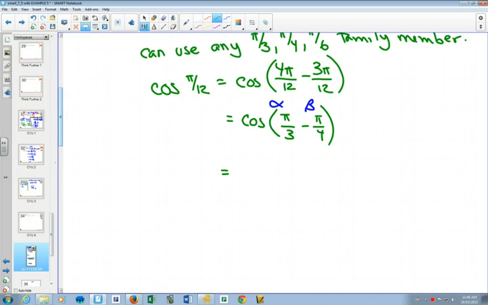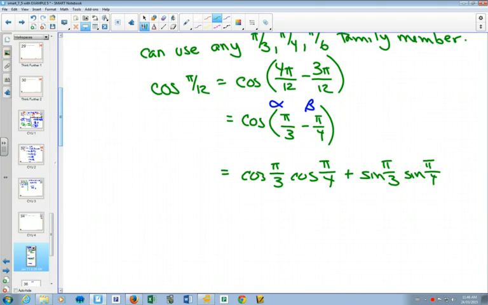And now I can write this out. And now we know alpha. So when we know alpha, we plug in alpha, starting with cos alpha cos beta plus sine alpha sine beta.